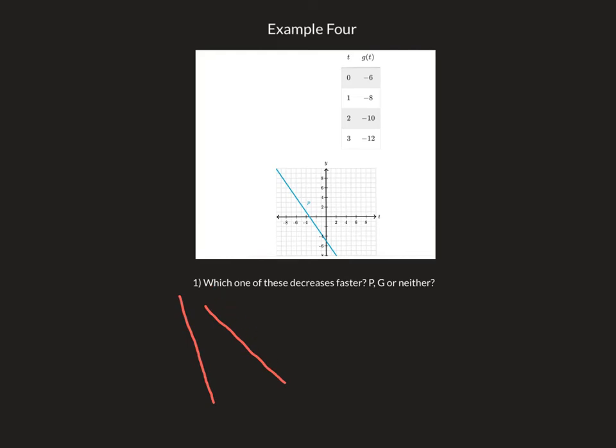So we're going to need to find the slope for P and the slope for G. P is this line, and G is our table, right here. We need to find the slopes of both. Let's start with P, because we already know how to find the slope for P.